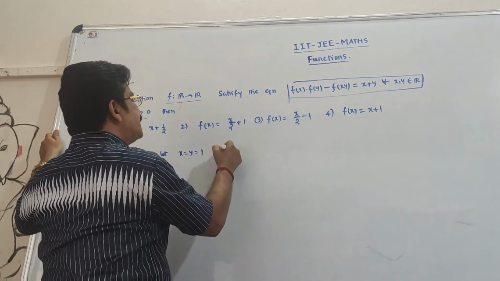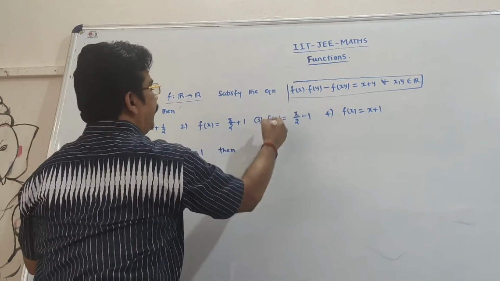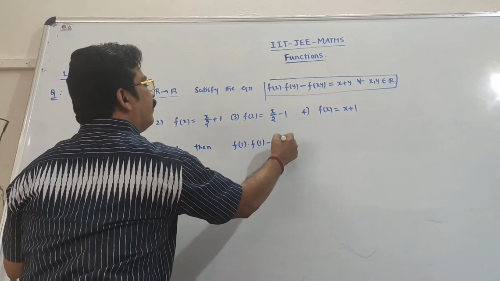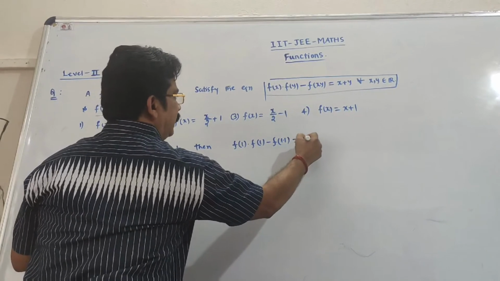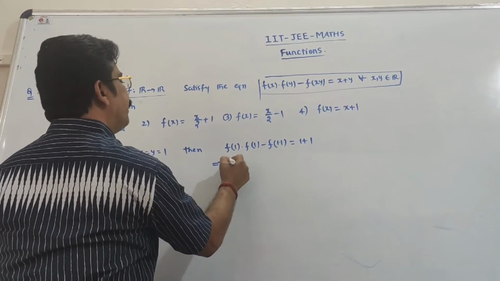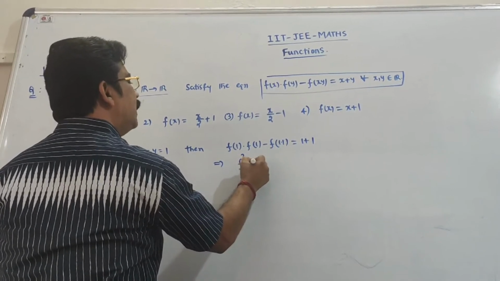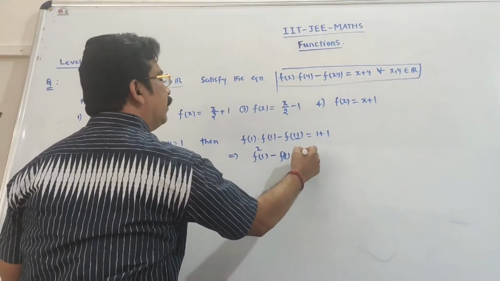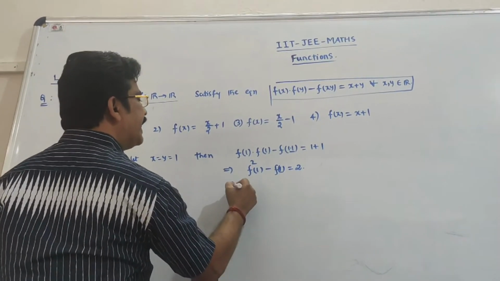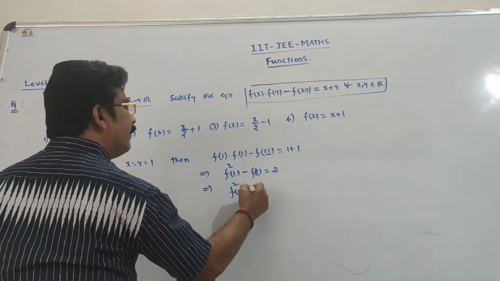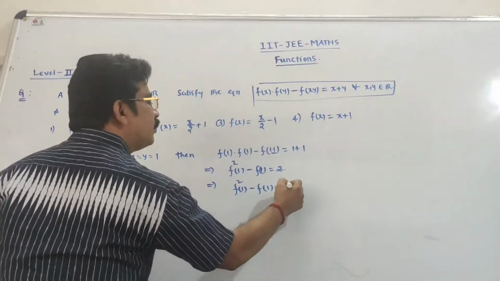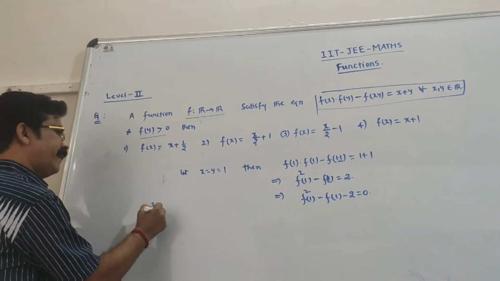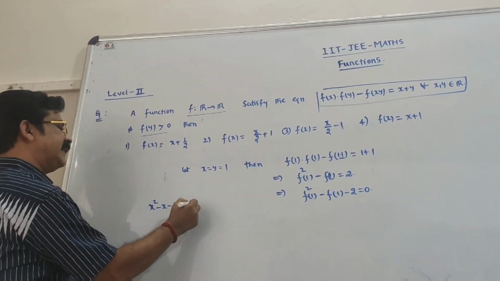Then the condition becomes f(1)·f(1) − f(1·1) = 1 + 1, so f(1) squared minus f(1) minus 2 equals 0.